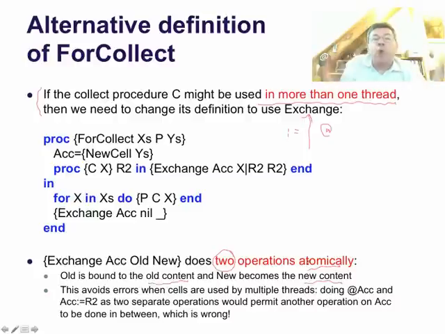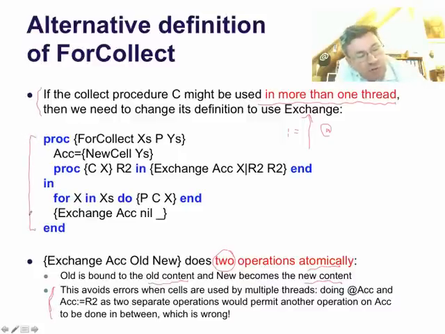That means as one indivisible operation. This will avoid errors if the cell is used by multiple threads. So the final definition of for-collect, in fact, will use exchange, because this allows the collect procedure to be called in multiple threads.